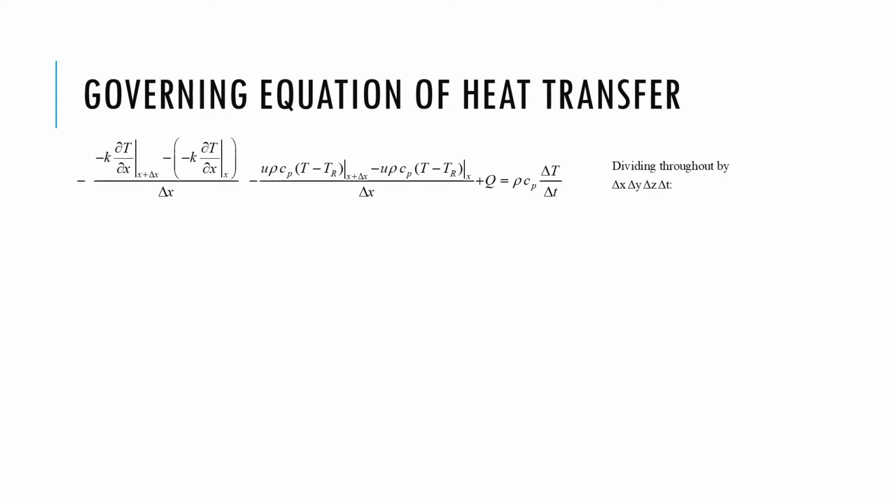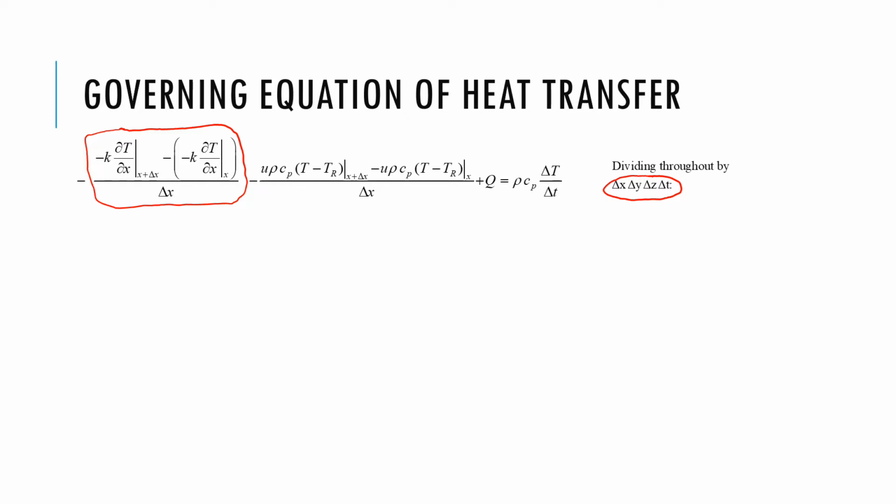After we put all this together, we divide throughout by delta x, delta y, delta z, delta t, so it looks a bit simplified. I have rearranged this a little, putting x plus delta x first and x next. Why?